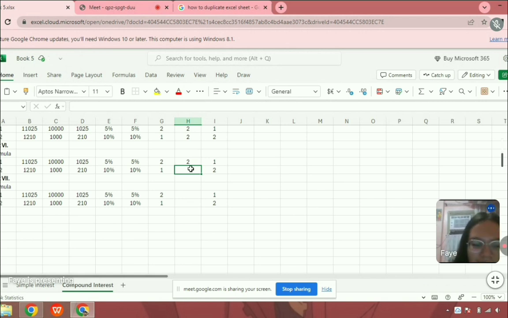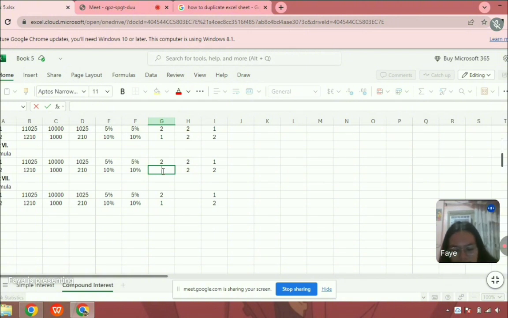Oh no, not part 6, this part. Part 6 in the G column. So this is for the T. So we have log 11,025 over 10,000 over the m log.